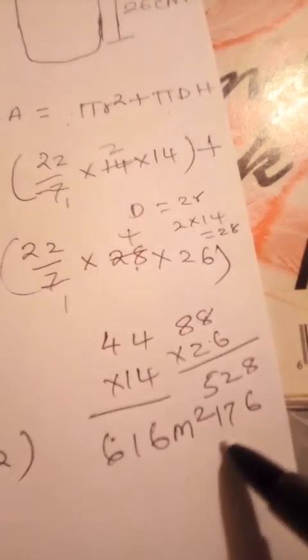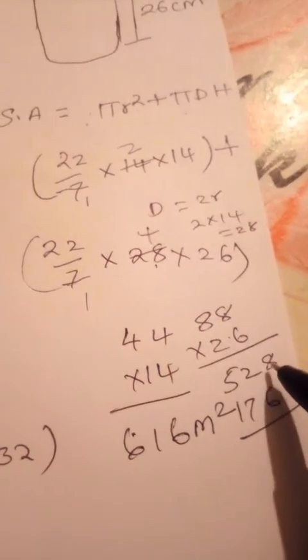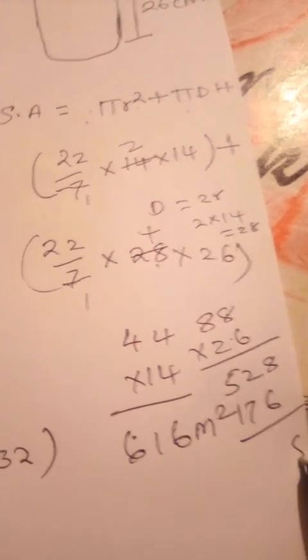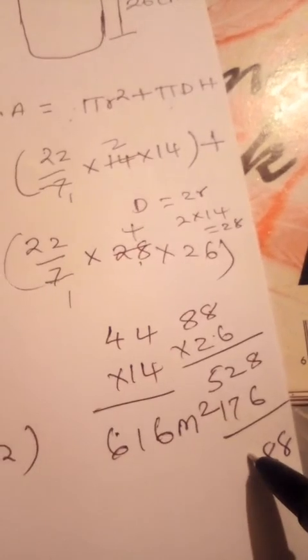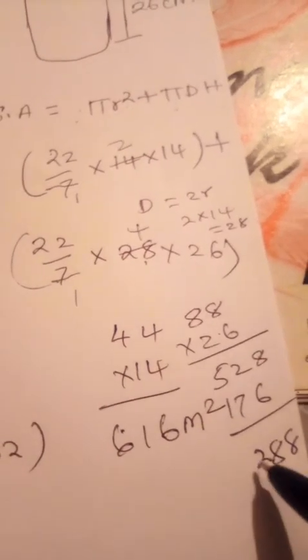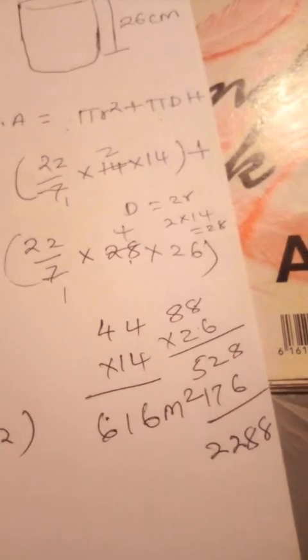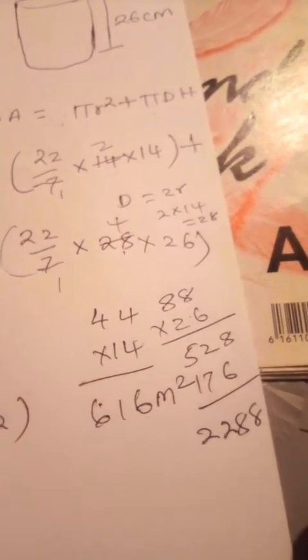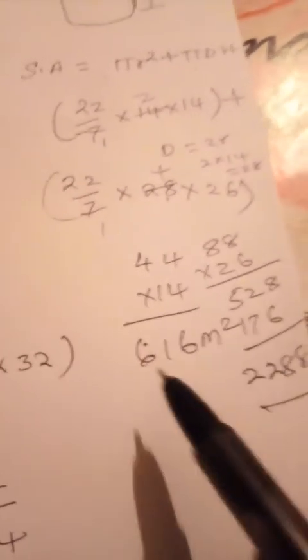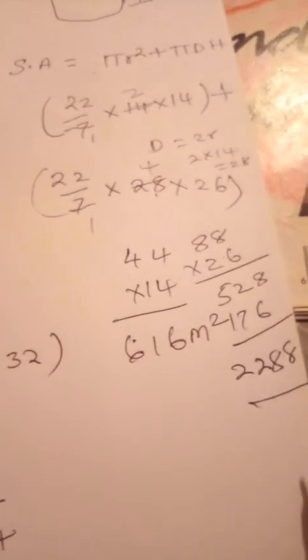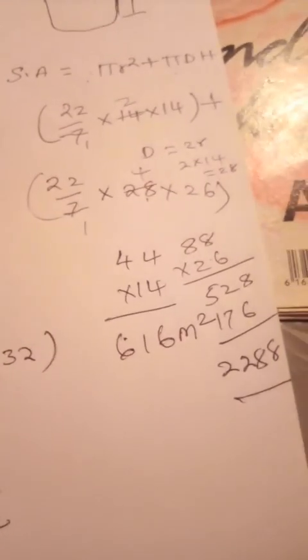Then we add: 8, 8, that is 12, carry 1, 2. So we are going to have 2288. So 2288 is our pi dh, and 616 meters square is our pi r squared.